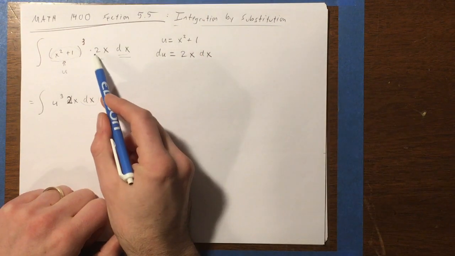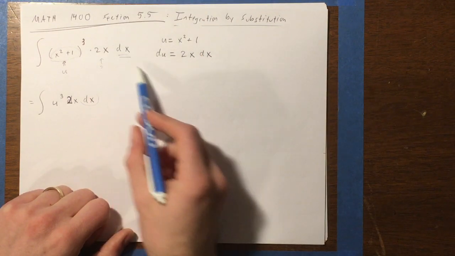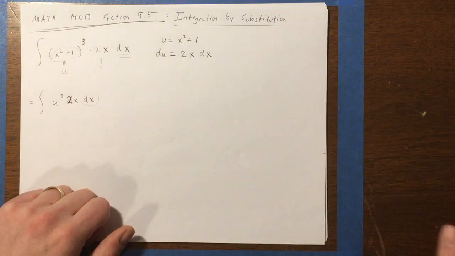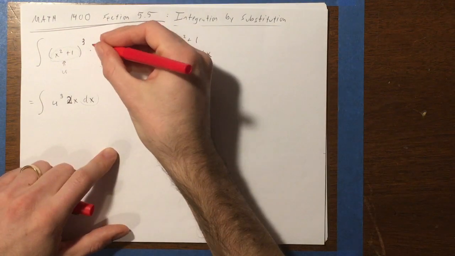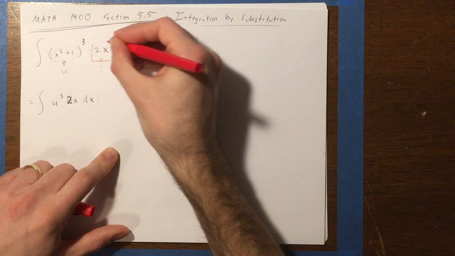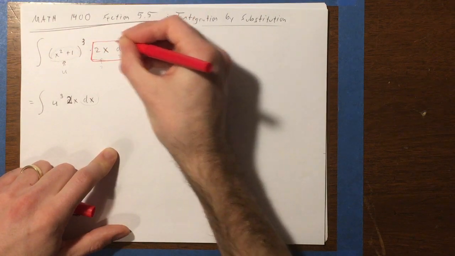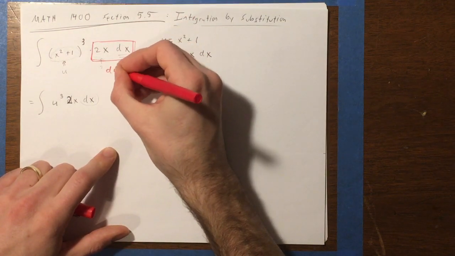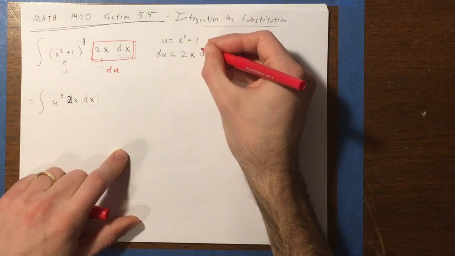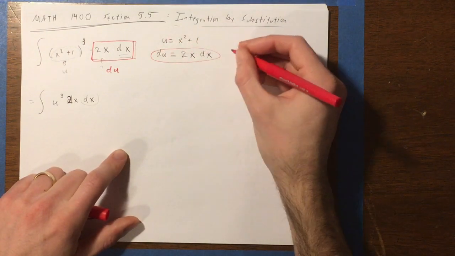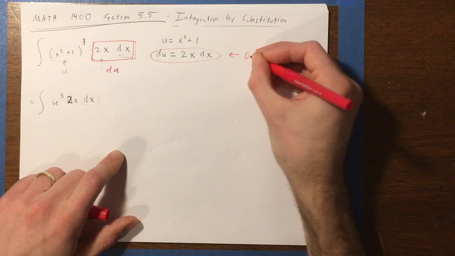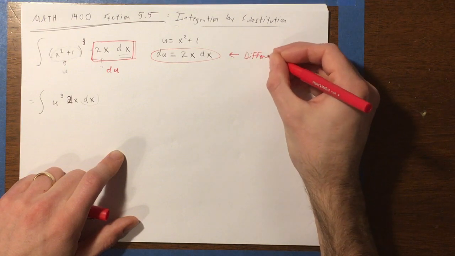So now we can see what the 2x is doing. The 2x right there is actually part of the du. So what I can do here is take these two parts together, the 2x times dx. That over there is going to be replaced by my du. So what I'm doing is making a differential substitution.